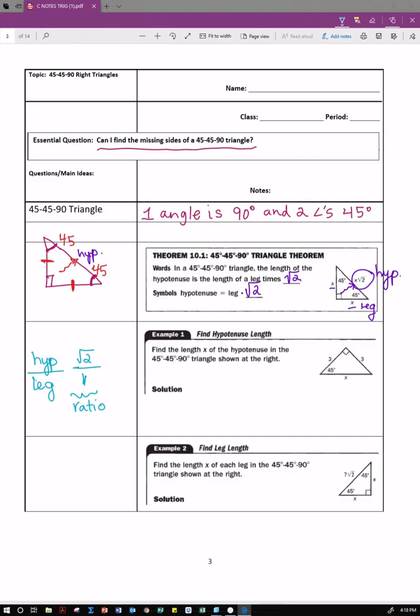All right, it says find the length of the hypotenuse. So I'm going to find the 90-degree angle. The hypotenuse right now is an x. That must mean the other two are the legs. All right, so I'm going to set up a ratio.